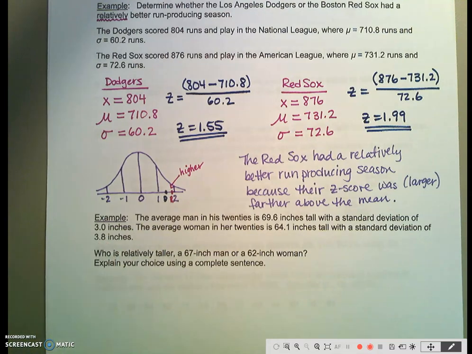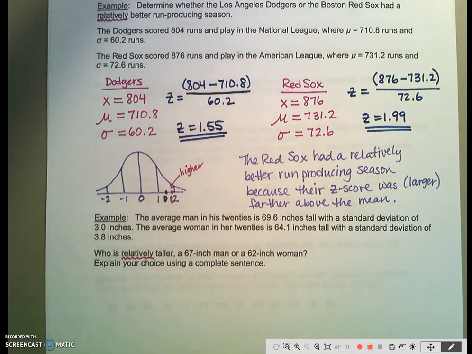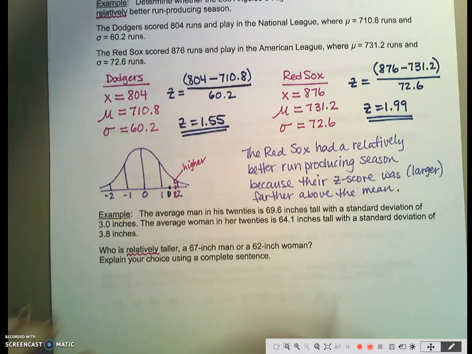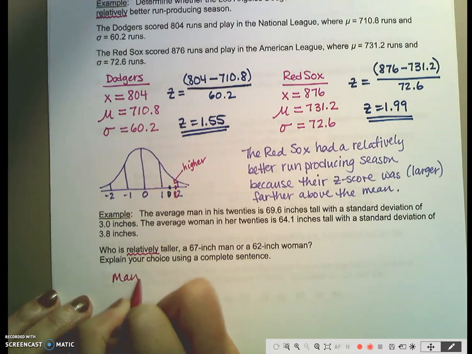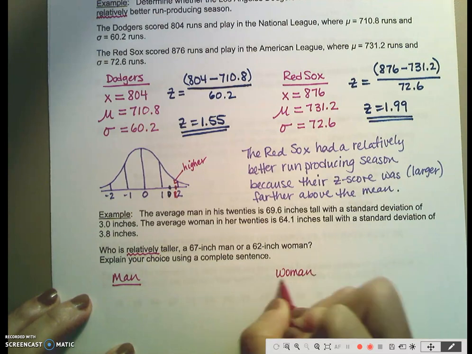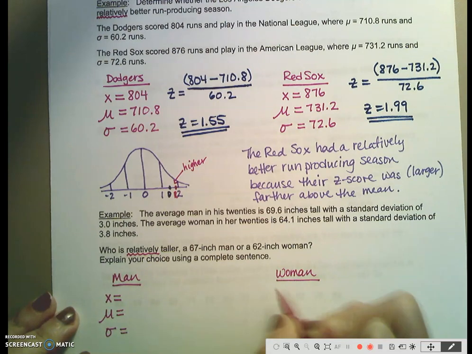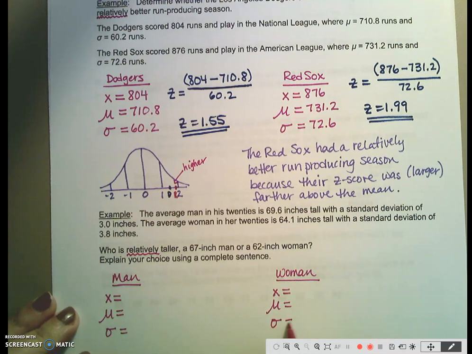Who is relatively taller, a 67-inch man or a 62-inch woman? That's what we want to know. Who is relatively taller? So again, I'm going to have the man here, and then I'll have the woman over here, and you need to have an X, a mu, and a sigma for each one. And you just have to read and fill in the numbers.